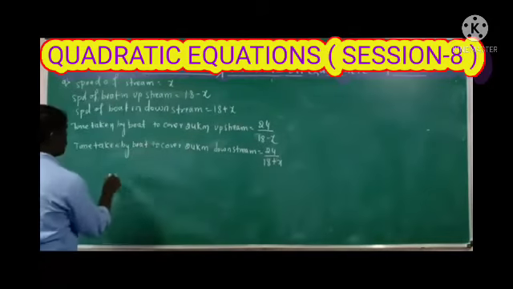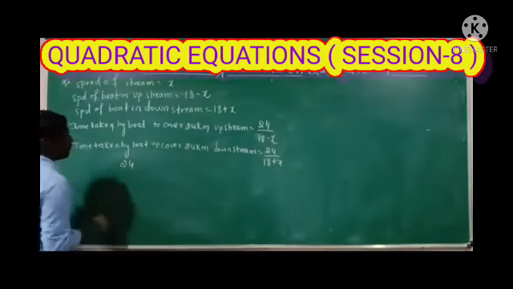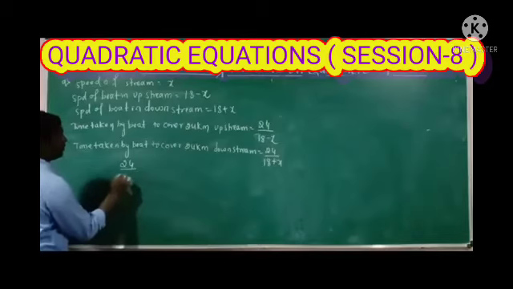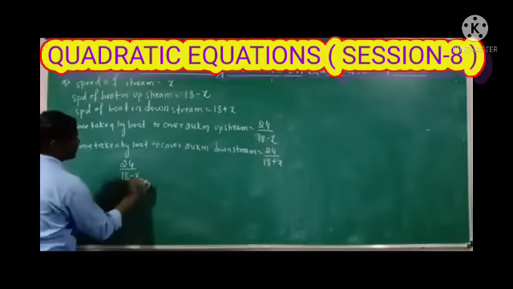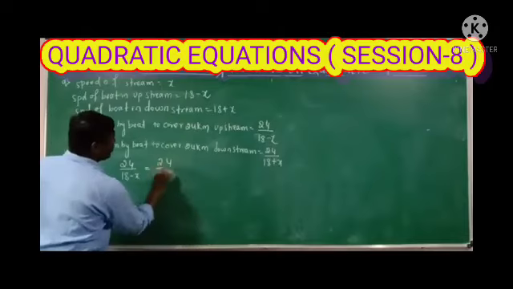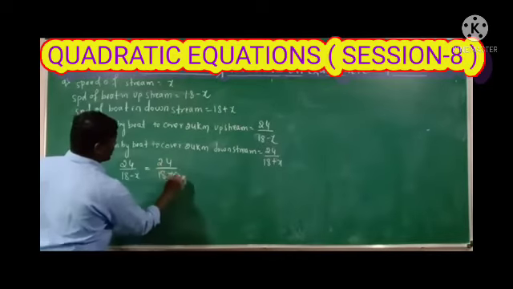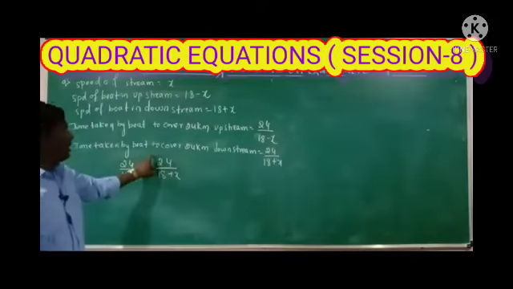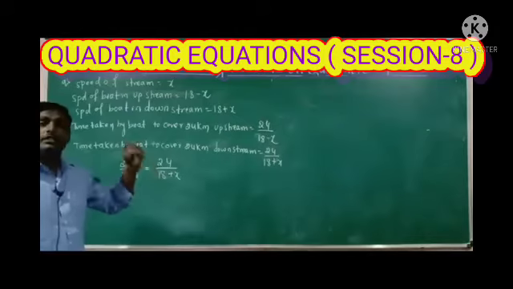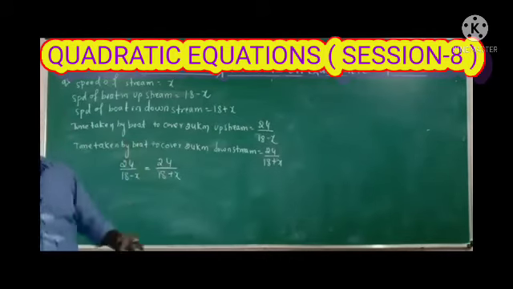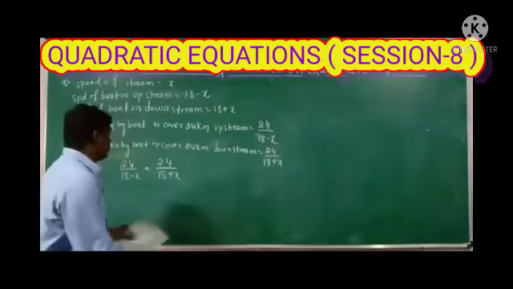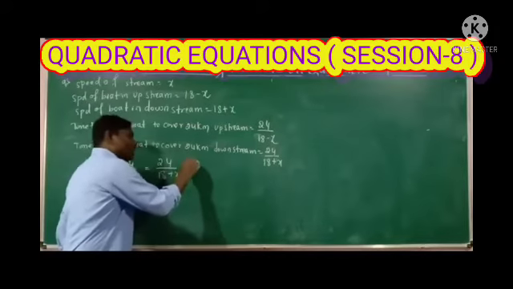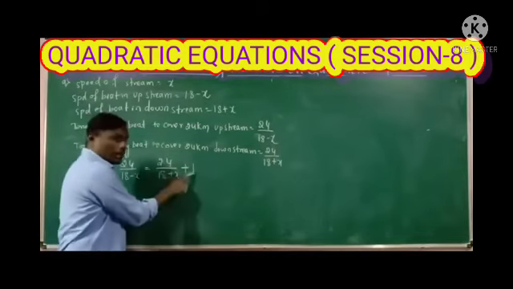Now for the quadratic equation here, according to the given question, 24 divided by 18 minus x is equal to 24 divided by 18 plus x. So usually in the downstream the boat will take less time to cover the distance. It means it will reach the same distance 1 hour before.